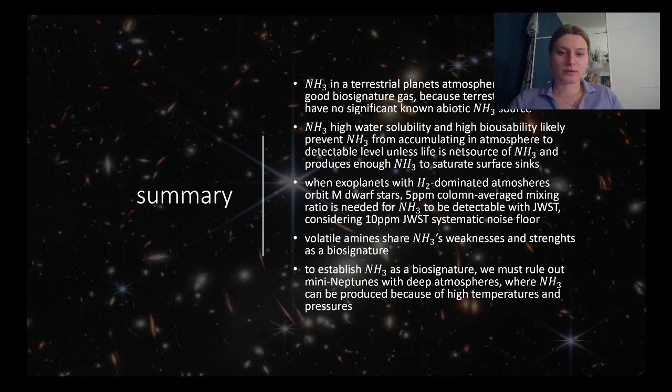When exoplanets with H2-dominated atmospheres orbit an M-dwarf star, the 5 ppm, 5 parts per million mixing ratio is needed for NH3 to be detectable with the James Webb Space Telescope, considering the 10 parts per million James Webb Space Telescope systematic noise floor.